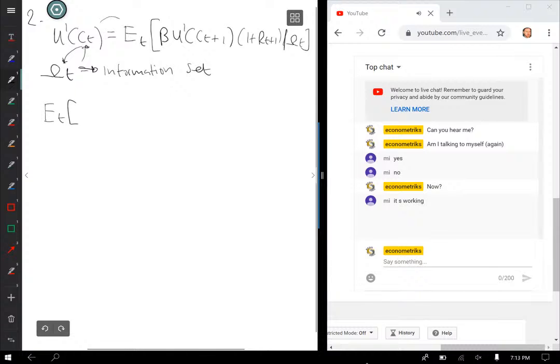So we've got the expectation, given the information set at time t, which for shorthand is written E_t, of beta u dash c_t plus 1, given the information set at time t.